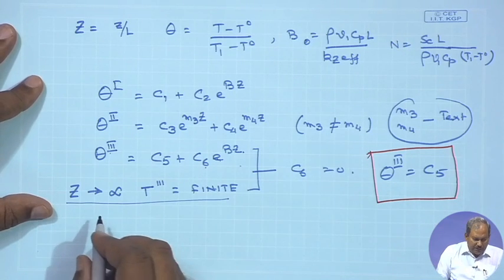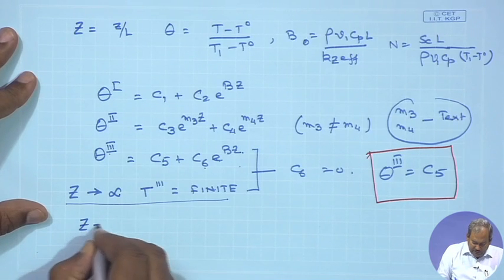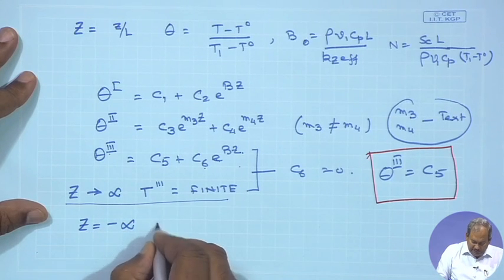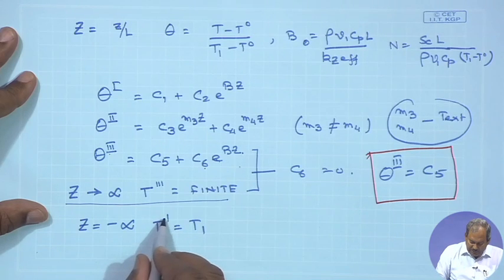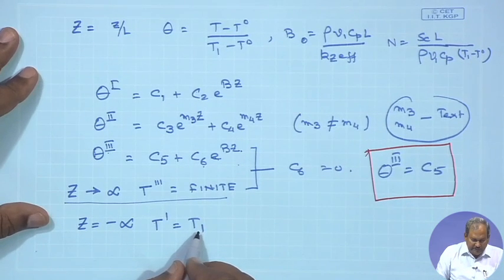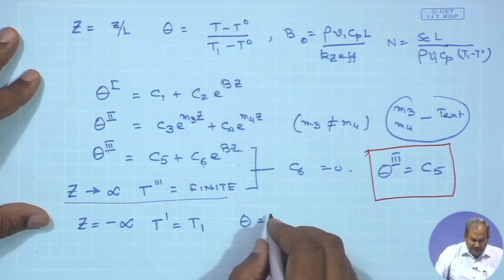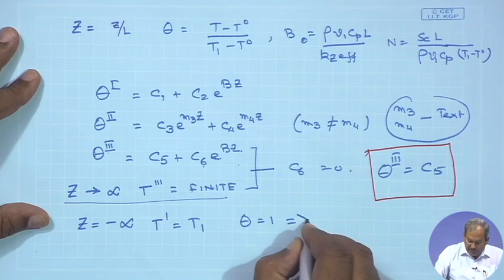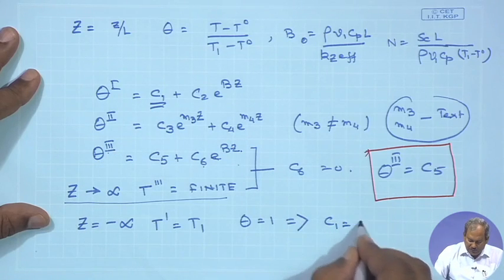And the other one that you can do is at z equals minus infinity, T of 1 is equal to T1. The temperature of zone 1 is equal to the temperature at which the reactants enter the reaction system, which simply tells you that theta is equal to 1, and this would give rise to C1 equal to 1.